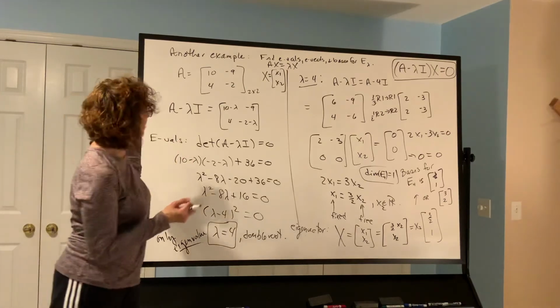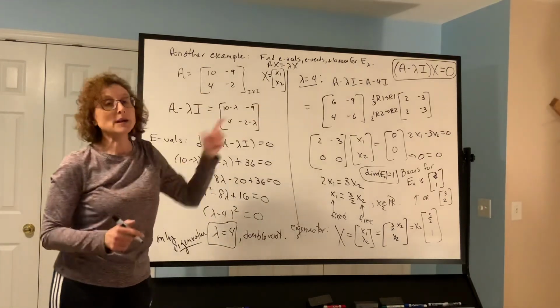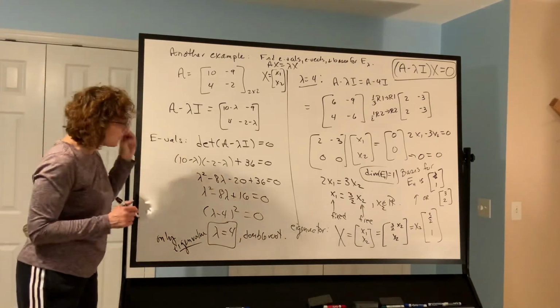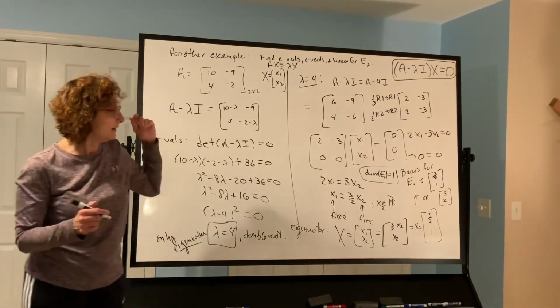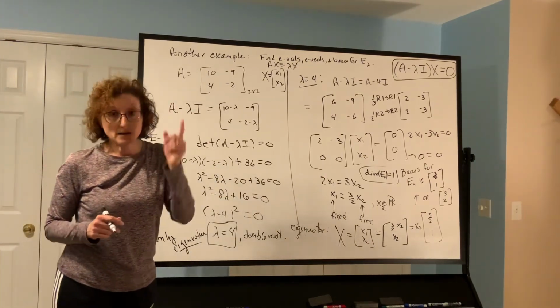When we had our previous example where A was a 3 by 3 matrix, we had 3 distinct eigenvalues. Each one had an eigenspace that required one basis vector.